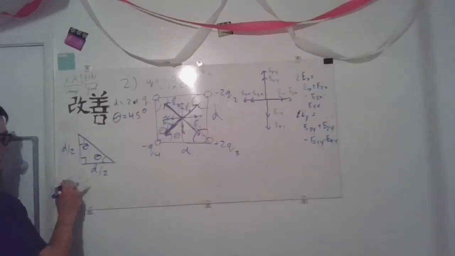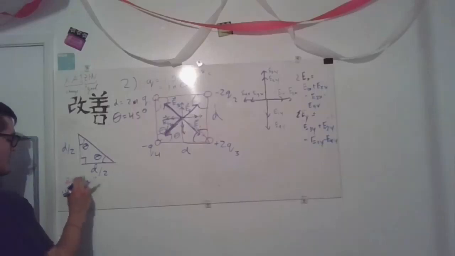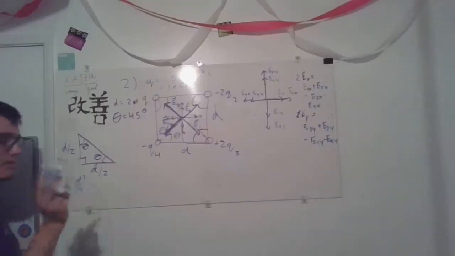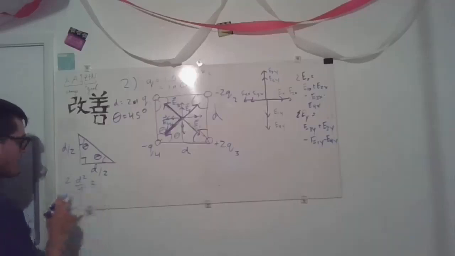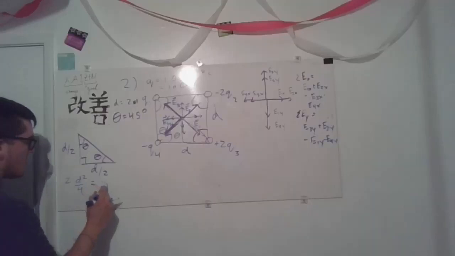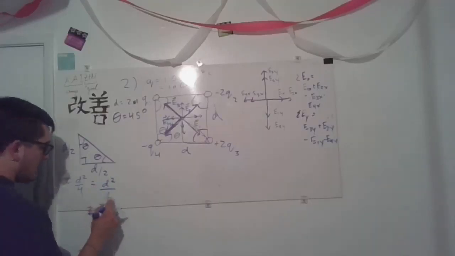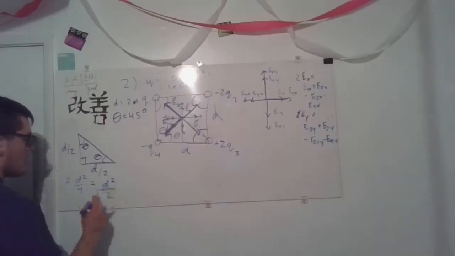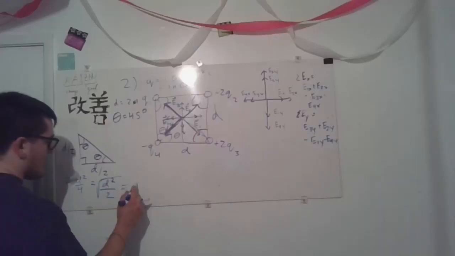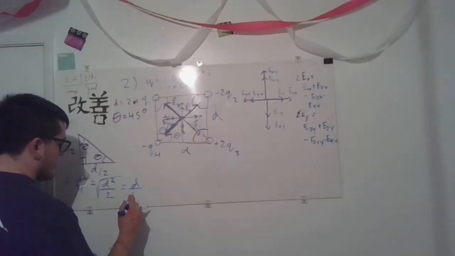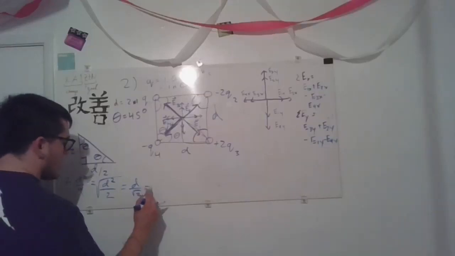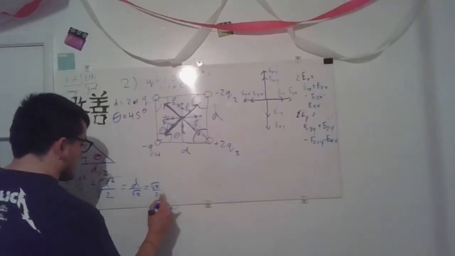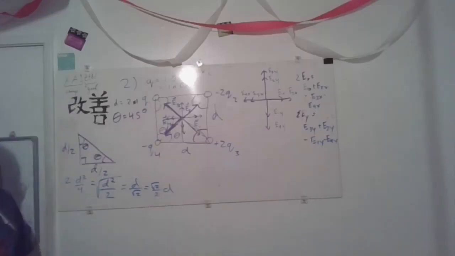It'll just be, D squared over 4 plus D squared over 4 will be D squared by 2. And then take the square root of that. So you get D over radical 2, or radical 2 over 2 times D.